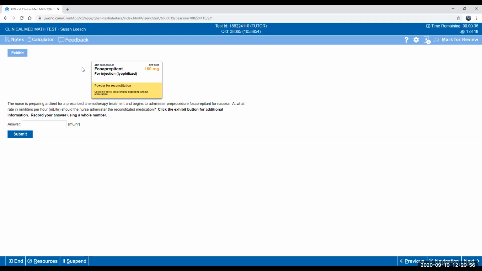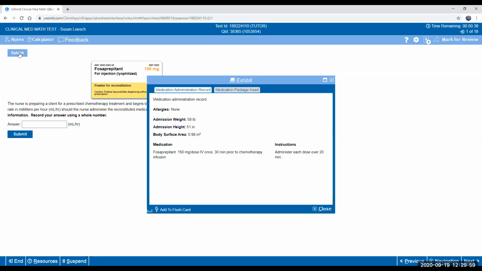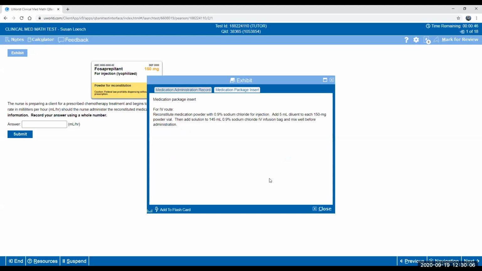When you open up the exhibit, there'll be instructions in there. For IV route, reconstitute the powder with 0.9% sodium chloride for injection. Then you'll add 5 mLs of diluent to each 150 milligram powdered vial. Then add the solution, the 145 mLs of 0.9% sodium chloride, to the infusion bag and mix well before administration.